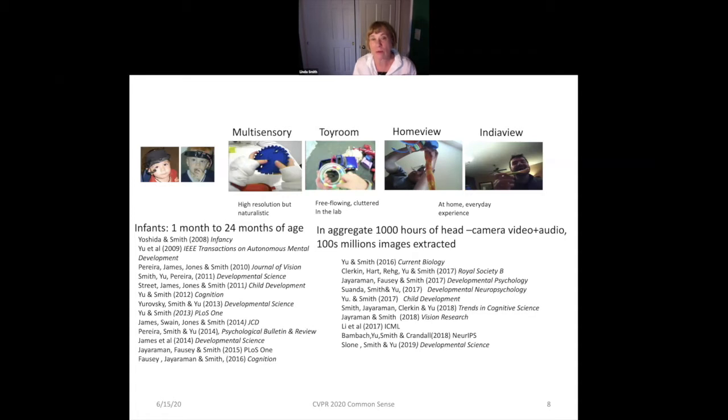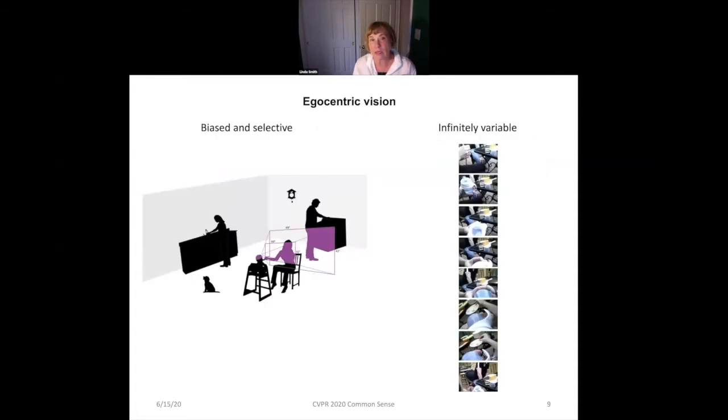And what we've done here is we have taken an egocentric approach in which we want to understand the visual world from the child's point of view, because the child's point of view is not the same as yours.